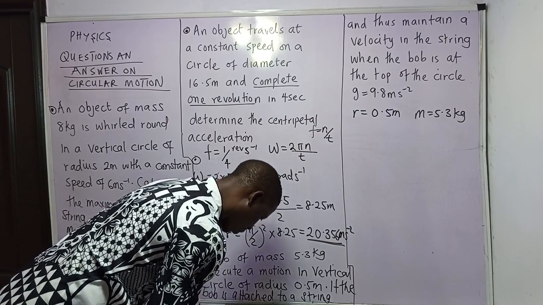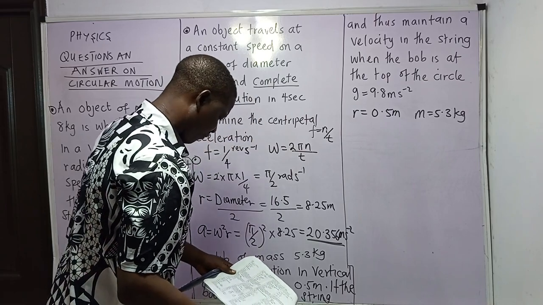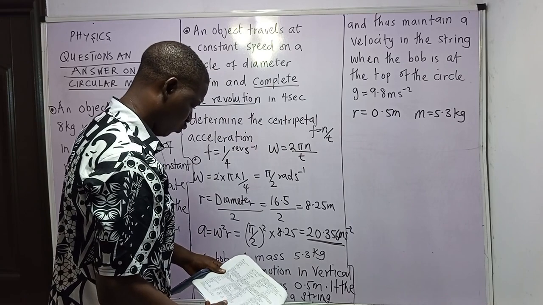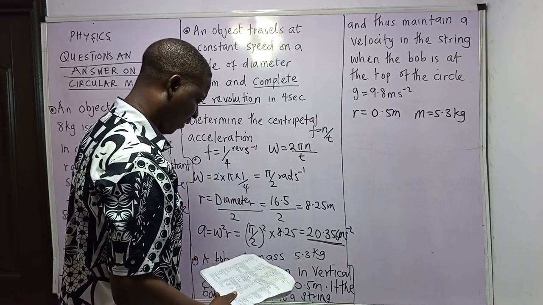They said a bulb of mass 5.3 executes a motion in a vertical circle of radius 0.5.